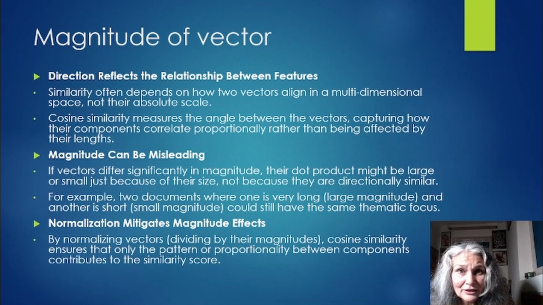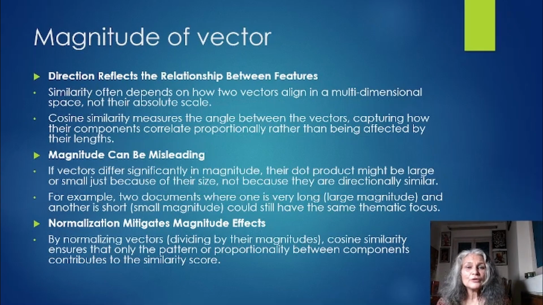Now, just one further point. If we go back to the cosine similarity formula, we have already calculated the dot product, and now we are dividing it by the length of A and the length of B. Why do we do this? We do this because magnitude can be a bit misleading.